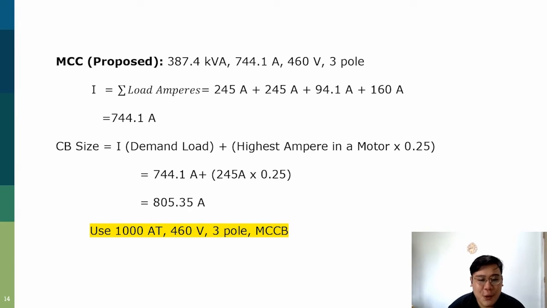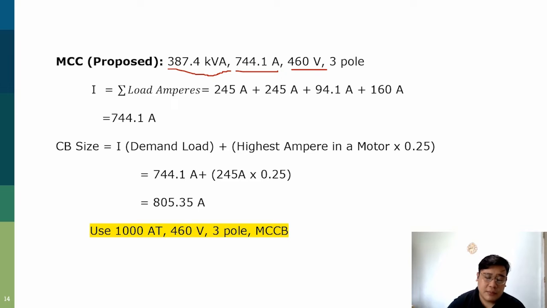So, ito naman po ang computation natin from MCC proposed. So, as we can see, to the previous schedule of loads, nakikita po natin doon na ang total kVA is 387.4 kVA. Tapos, syempre, in-highlight ko rin po kanina, mayroon po tayong 744.1 amperes, tsaka syempre 460 volts.